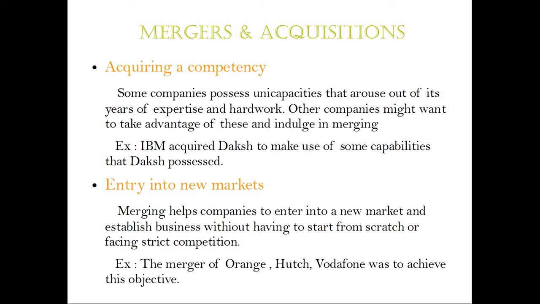For example, Orange, Hutch and Vodafone each had established customers in each of the locations where they were operating, but to combine the operational efficiency of these three service providers, internet service providers and call service providers, they chose to merge all of these companies, thereby increasing the area of the market, which results in obviously a bigger organization with a large number of clients.